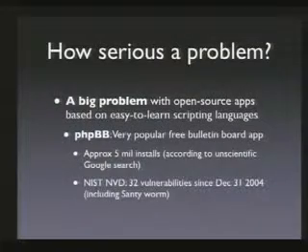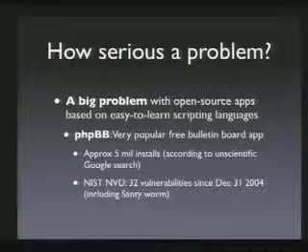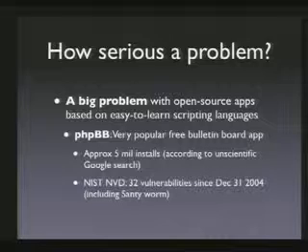So how serious is this problem? It's a really big problem with open source apps that are based on easy-to-learn scripting languages. In the last 6 months, one that has been extremely problematic is phpBB, which is a very popular free bulletin board app. You'll see phpBB on a lot of websites for people who are trying to put together communities.